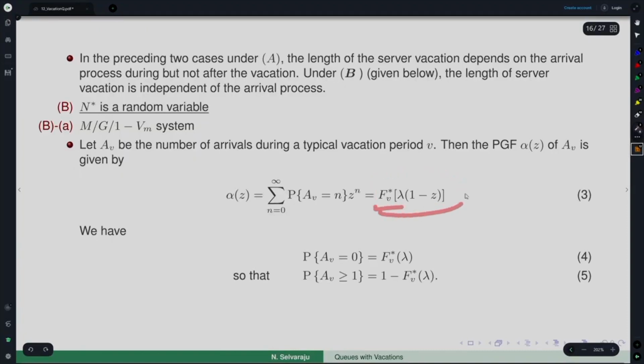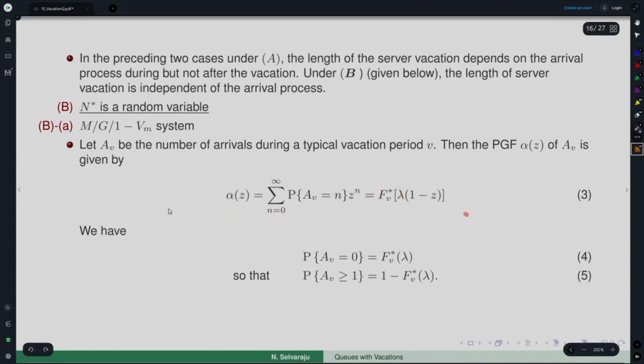Since we are not deriving this because it is much similar to what you have done in the earlier case, in terms of the Laplace-Stieltjes transform of the vacation duration random variable, this alpha of Z would be equal to FV star of lambda times (1 minus Z), in the usual way we did for the M/G/1 model.